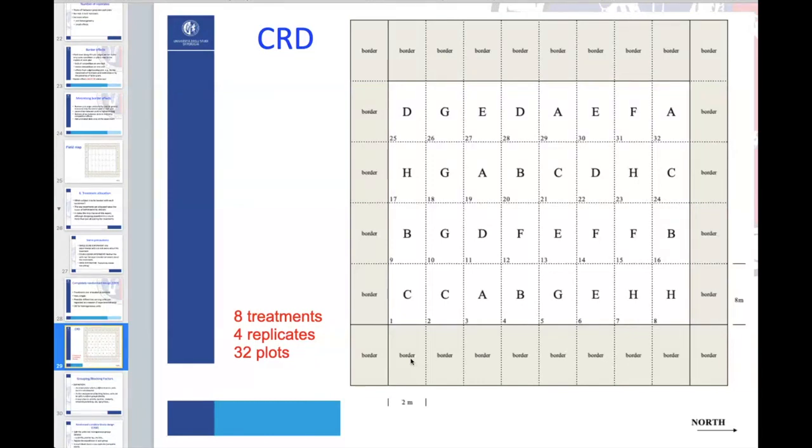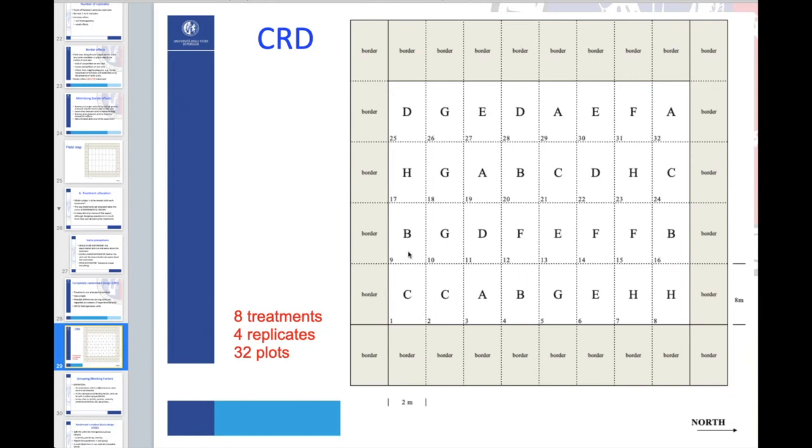Am I clear? If this is true, we are having some unwanted systematic effect. Look at C. In the case of C, we have 2 replicates on the less fertile part.